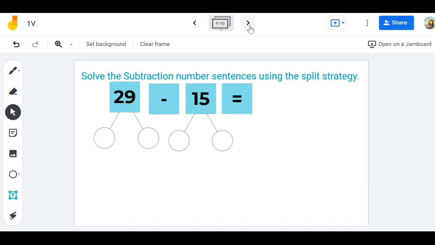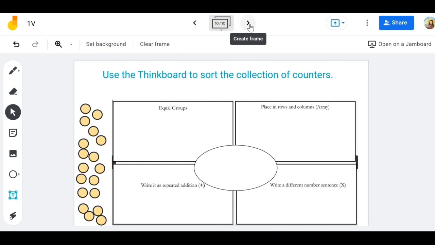Okay, and next one. Use the think board to sort the collection of counters. Okay, so we've got a certain number of counters, and you have to work out how many counters there are, and once you've done that, you can place them into equal groups. Now, there is only enough counters for you to use them. So you actually can move these counters and make equal groups.